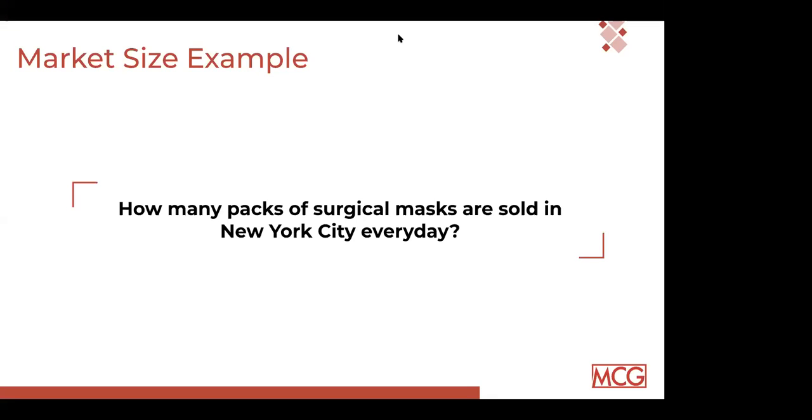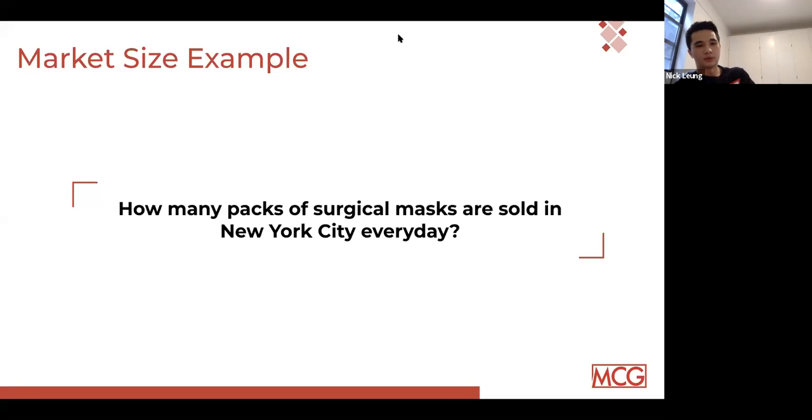Divide the total number of people who wear surgical masks by the duration. Yeah, perfect. So we're dividing the number of people who wear surgical masks by how long each pack would last, and that would get us a rough estimate of how many packs of masks are sold each day.